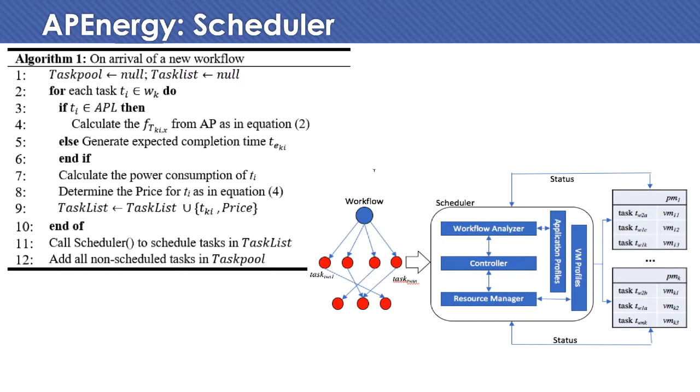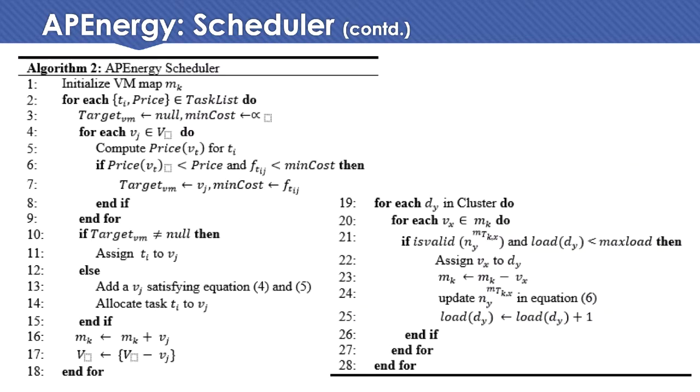It analyzes every task considering its expected completion time and price which is available in the AP. The task list queue is updated with all tasks processed in a workflow and is passed on to the scheduler. The scheduler is given an algorithm too, using a power-aware scheduling algorithm. This determines the optimal cost of efficiently executing the workflow with minimal power requirements by producing a mapping.